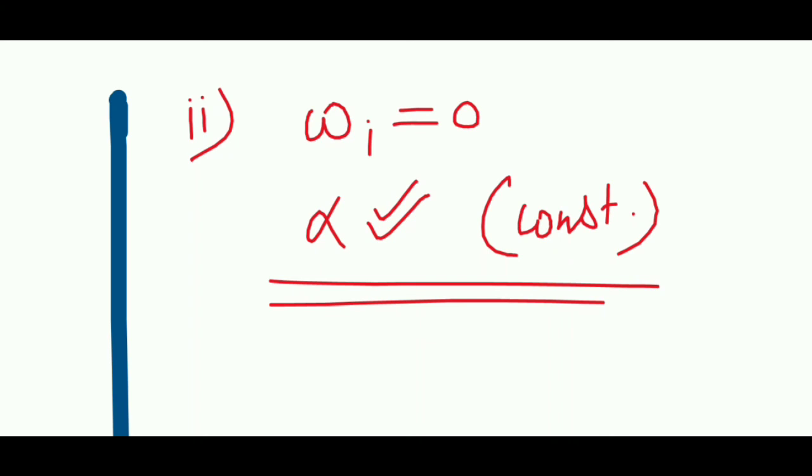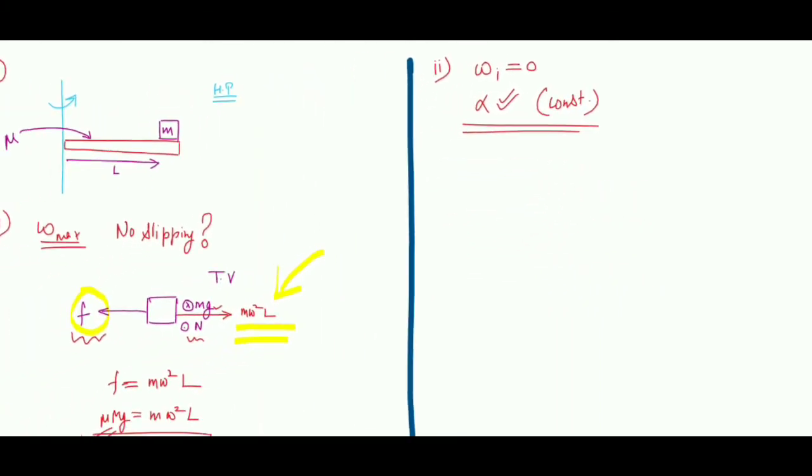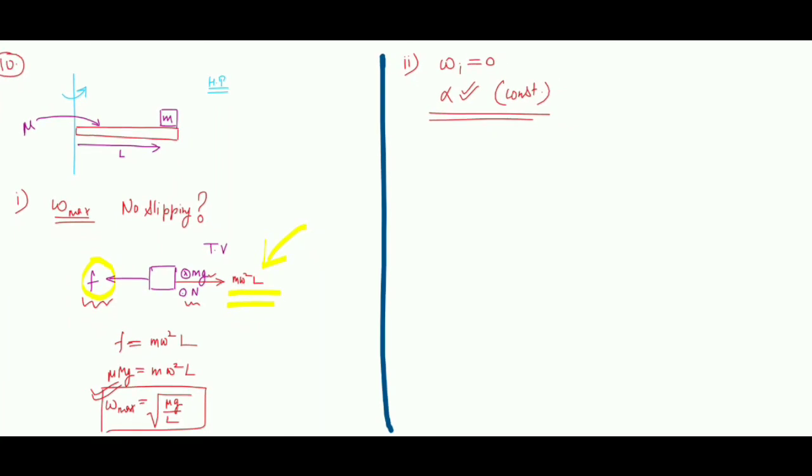And at one particular instant, when the omega is good enough, the friction force will not be able to balance m omega square r and it will start slipping. Omega will gradually increase and at one instant it will start slipping when the friction is not able to hold it.